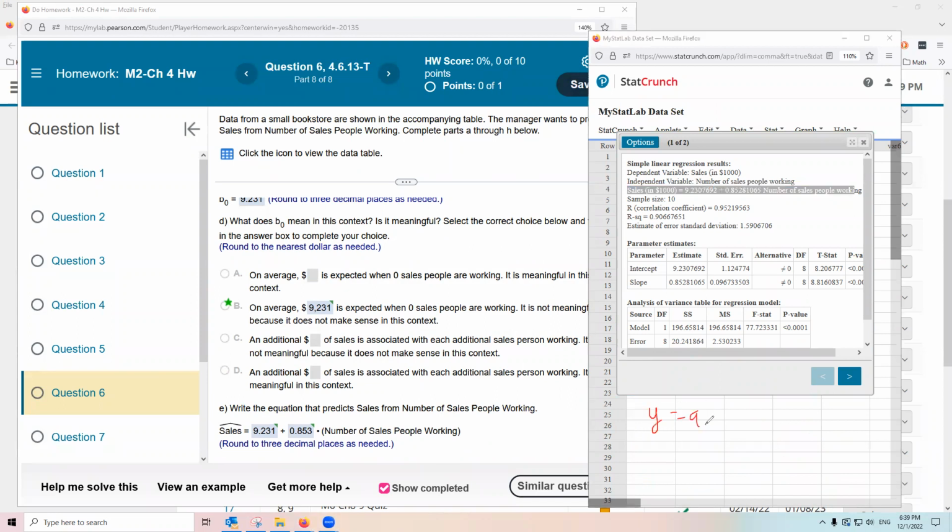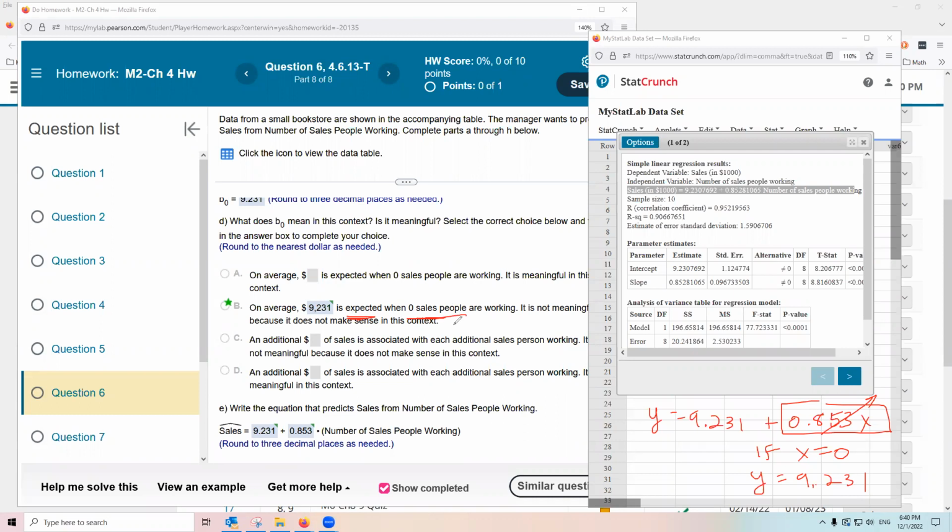We had y equals 9.231 plus 0.853x. If x is 0, this expression would go away, and y would equal 9.231. So really 9.231 is the expected amount of sales when you have 0 salespeople working.